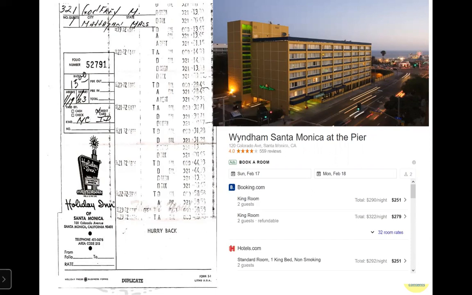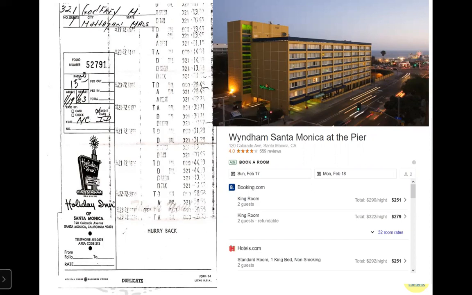If you look at the price back in 1972, the price was $15 per night. Today this price is more than $200.